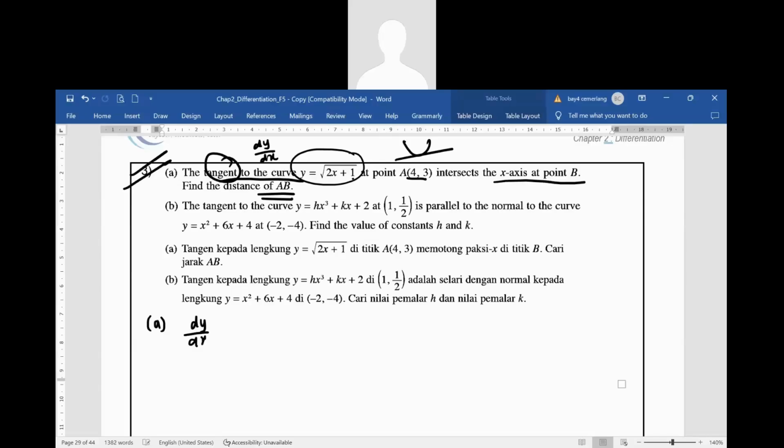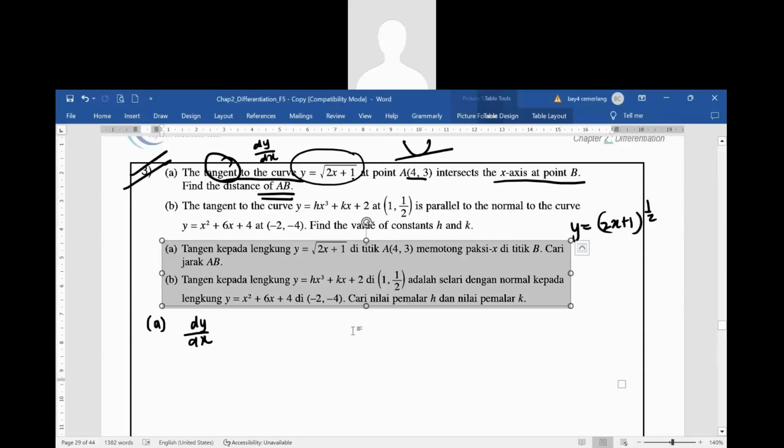dy/dx is what? Before that, y is equal to (2x plus 1) to the power half. Right.